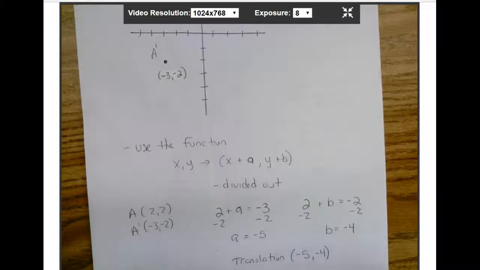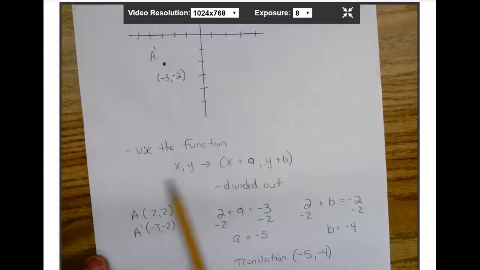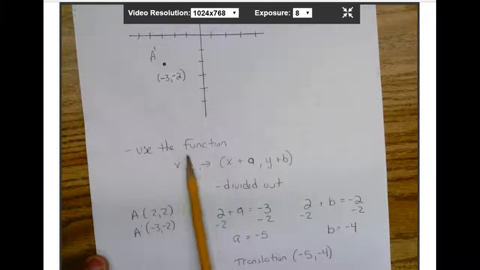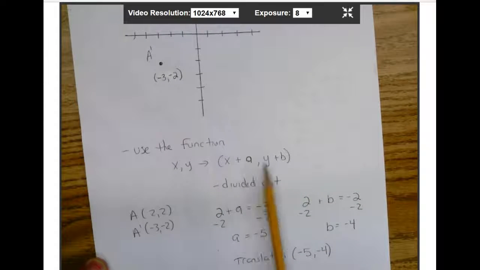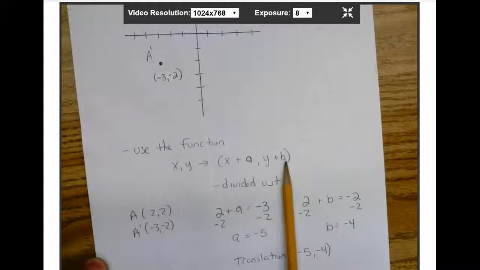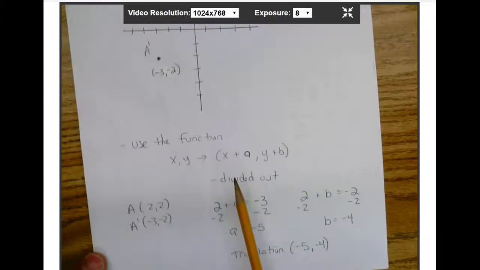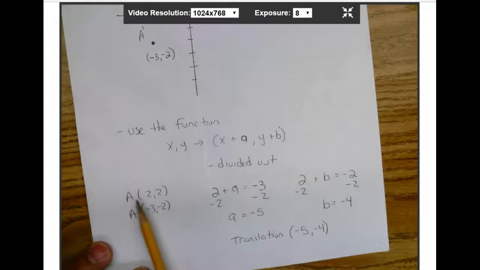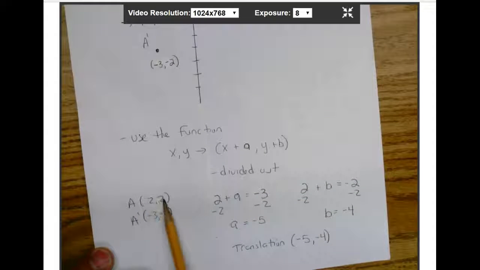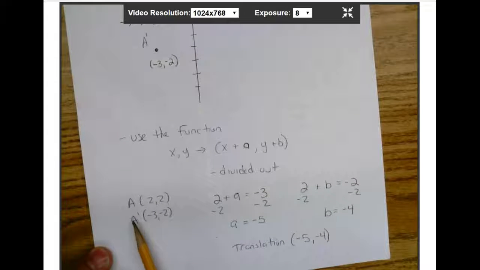So we know this is our original coordinates, x, y, and if we add a and b to each one, we will get the prime coordinate, the new one. So we know the coordinates for A, the original, are 2 and 2, and the prime for A is negative 3 and negative 2.